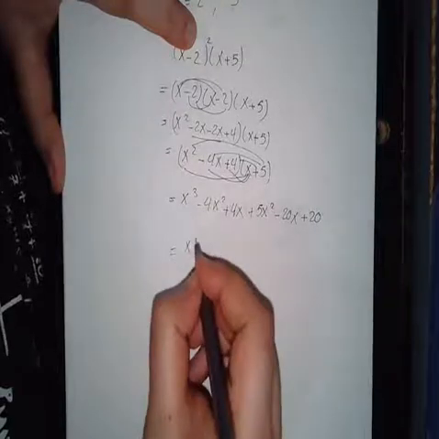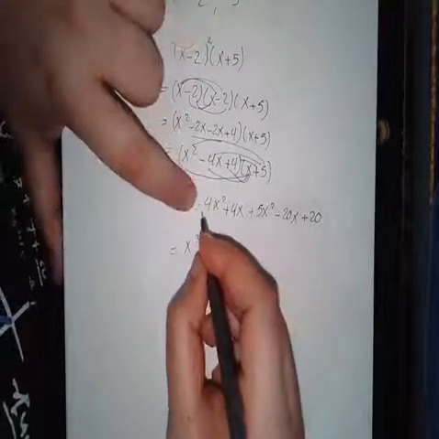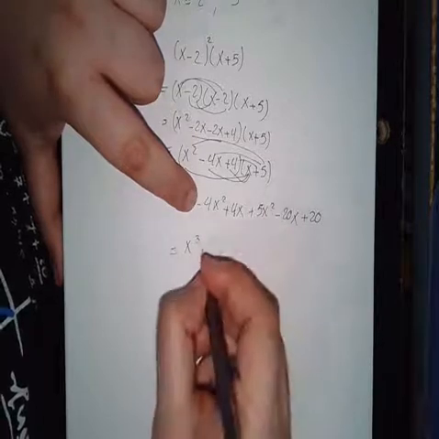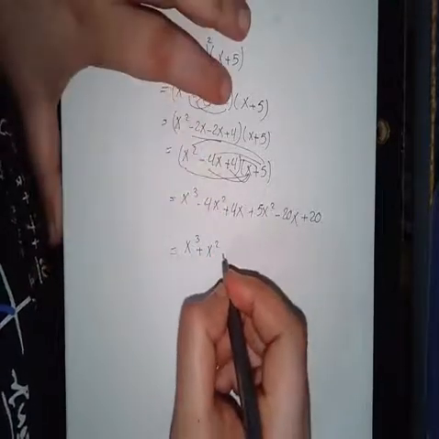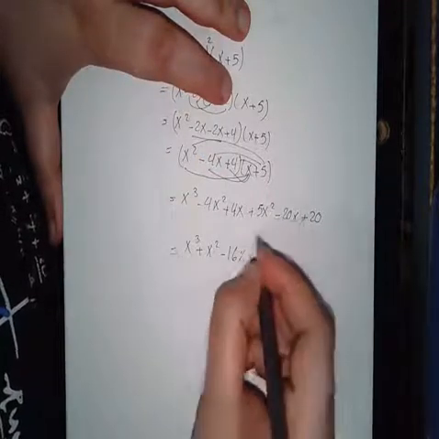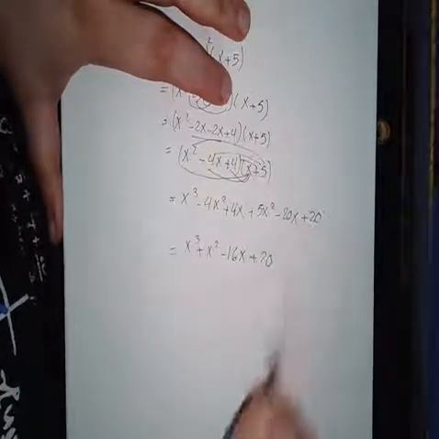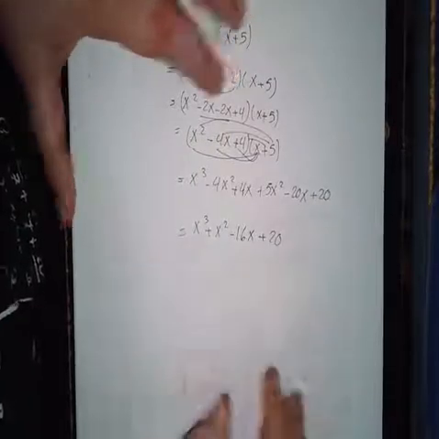Adding them together, this gives you x cubed. You have negative 4, positive 1, that gives you a negative 3x squared... that gives you x squared terms combined, then 4 and negative 20, that gives you negative 16x, and plus 20. This right here is the final result.